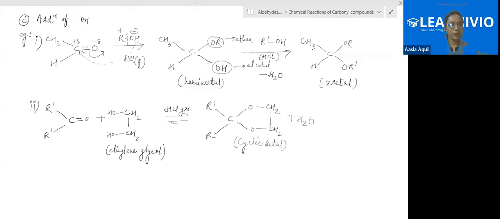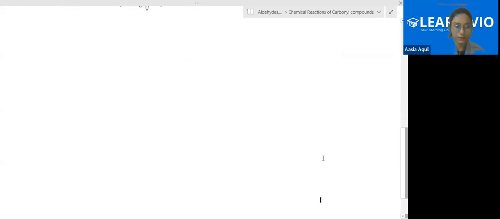Right. So the next reaction, next we will study addition. What happens when you add ammonia or its derivative to a carbonyl compound?